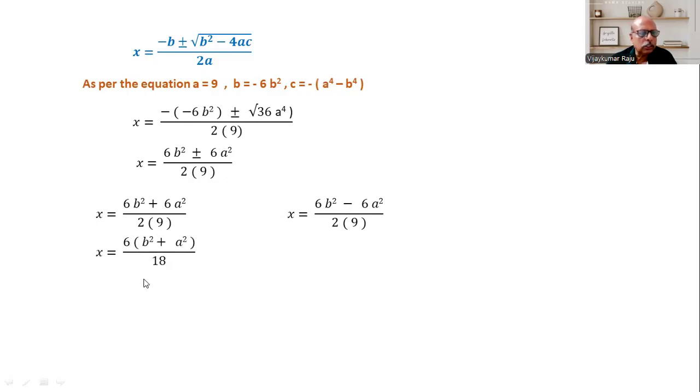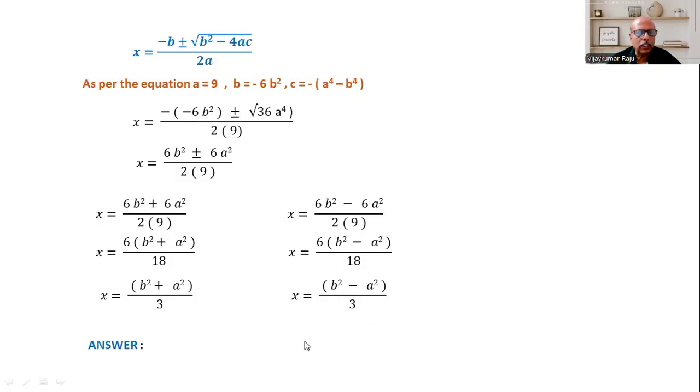Take out 6 common: 6 times b square plus a square upon 18, that will become b square plus a square upon 3, and 6 times b square minus a square upon 18, which gives, 6 threes are 18, b square minus a square upon 3. So your answer will be x is equal to b square plus a square upon 3 and b square minus a square upon 3. This is your answer.